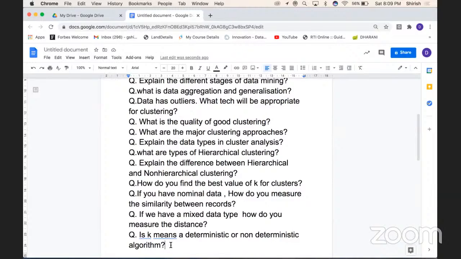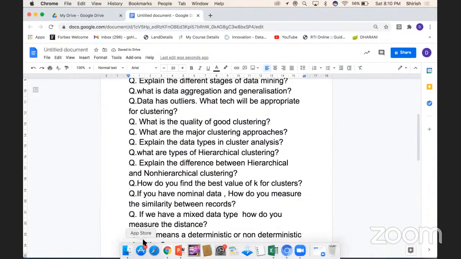Deterministic algorithm or non-deterministic algorithm? Exactly. Only because of the reason that every time you get a new cluster formation, the output is not stable enough. You call this a non-deterministic algorithm.